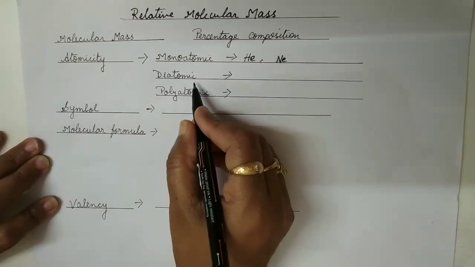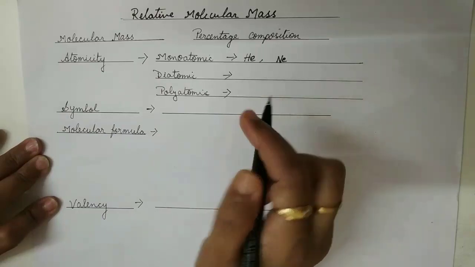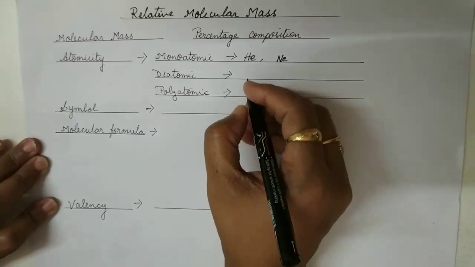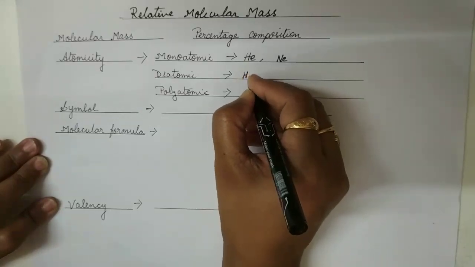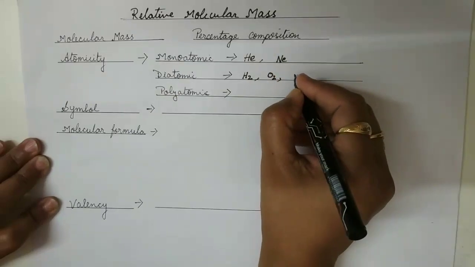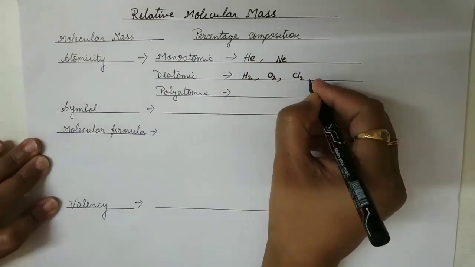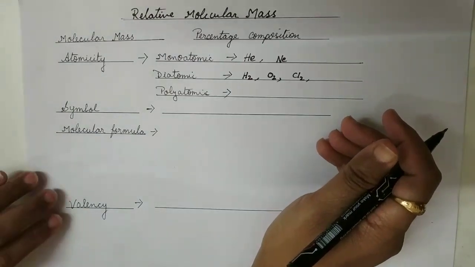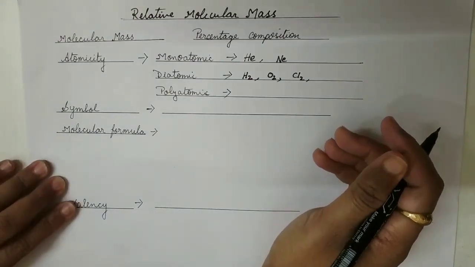Then diatomic. These are elements which are having two atoms in their molecule, like hydrogen, oxygen, chlorine, bromine, nitrogen. These are all diatomic.